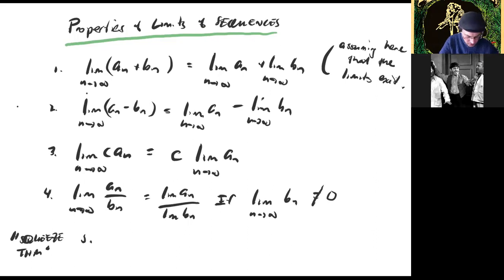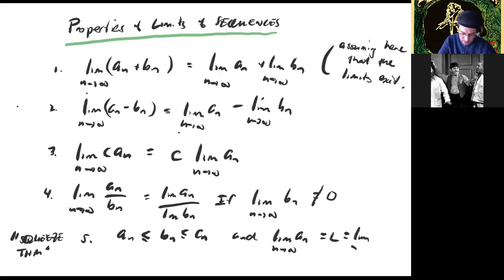It says this: assuming a sub n is less than or equal to b sub n is less than or equal to c sub n, and the limit of the a sub n's as n goes to infinity is equal to some number L, which is the same as the limit as n goes to infinity of c sub n, then the limit of the middle sequence also exists and is given by L. In particular, the middle sequence will converge if the outer sequences converge to the same number. Okay.